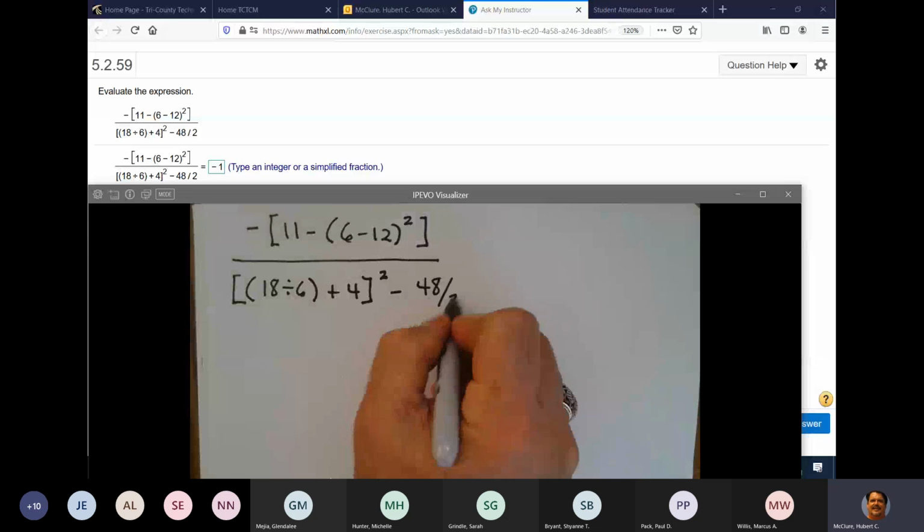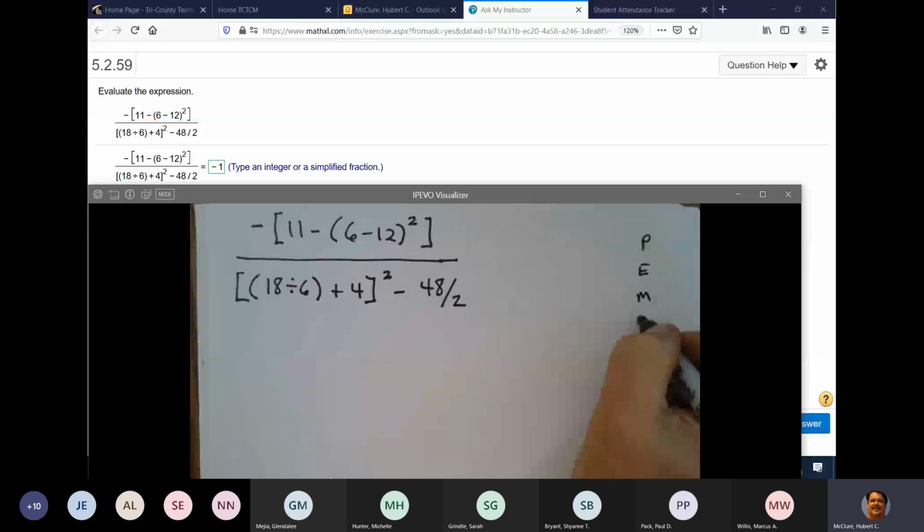Now, for the old adage, please excuse my dear Aunt Sally. Excuse my dear Aunt Sally. And by mathematics, we go down. Algebra, we go up.